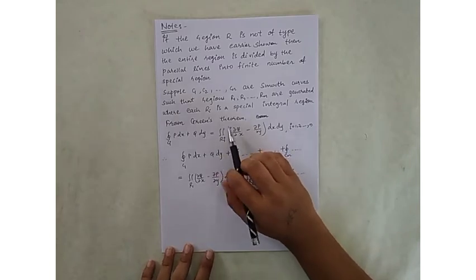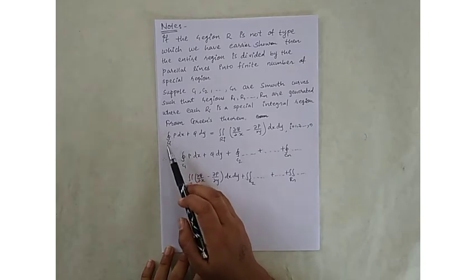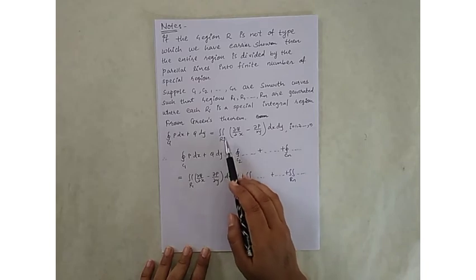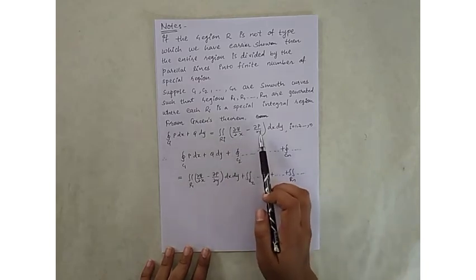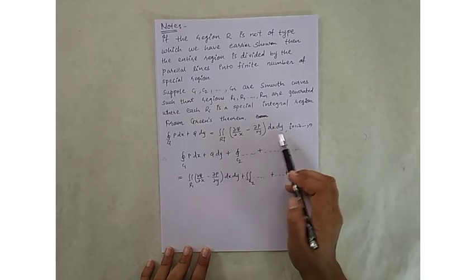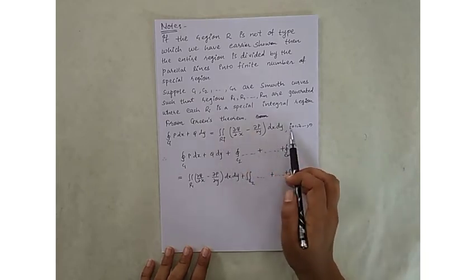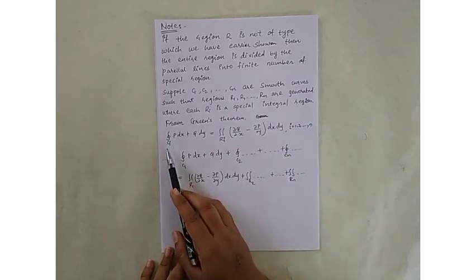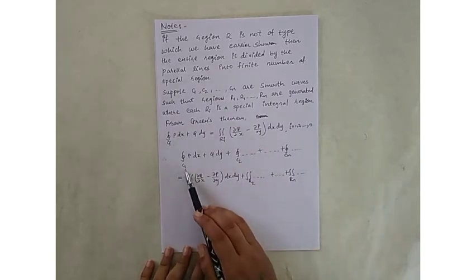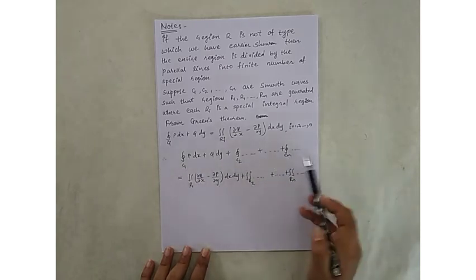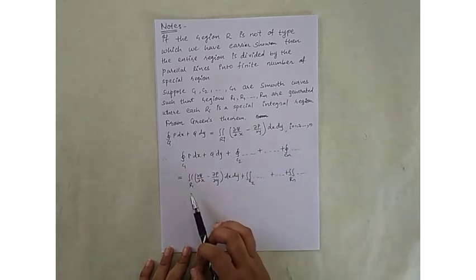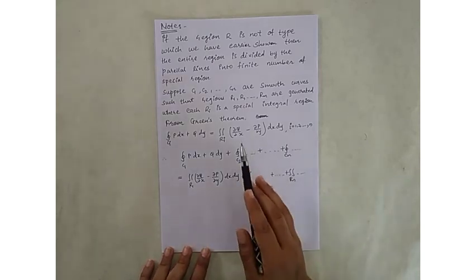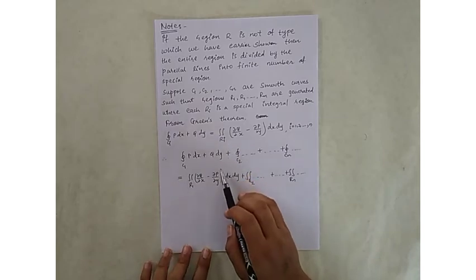So from Green's theorem, the integration on closed curve Ci of p dx plus q dy is equal to the double integration over the region Ri of del q by del x minus del p by del y dx dy, where i is running from 1 up to n. And if I put the values of i, that is C1, C2, Cn, it is equal to the double integration over the regions R1, R2, Rn. So this is the generalization of Green's theorem.